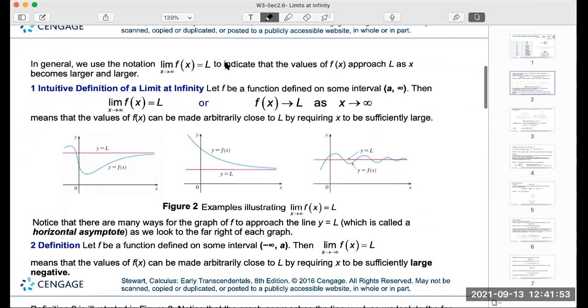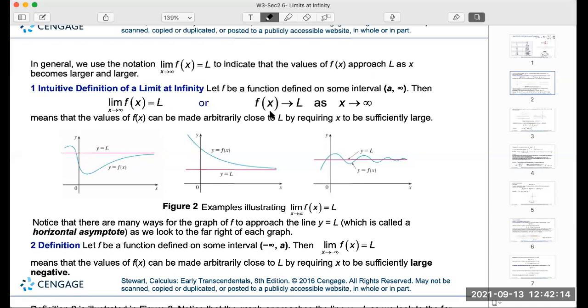So here is the definition of it. If the limit of f of x when x goes to infinity approaches a specific value, we call it L, then this is the limit at infinity. We sometimes say f of x approaches L as x approaches infinity.